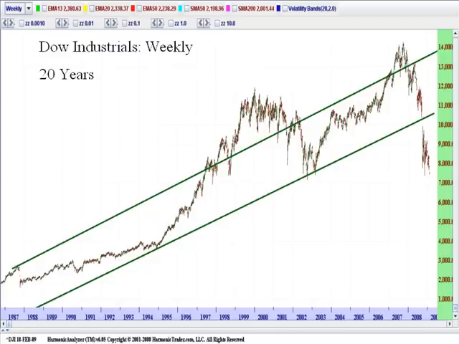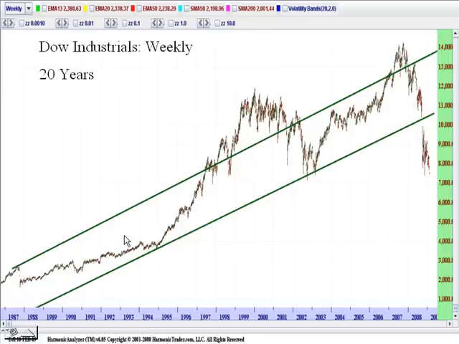Took most of 94 to get through it. But by 95, after it broke out, it was on the run. So if we took out this market, we have two different markets, from 1995 and before 1995. And if we're reverting basically back to this trend line, then that's pointing us lower.